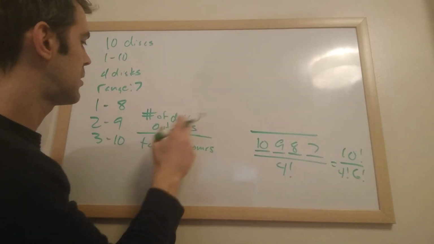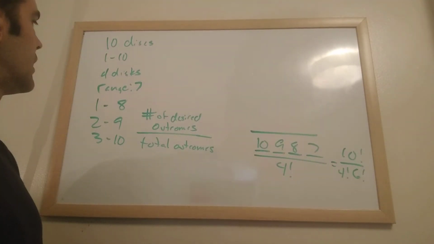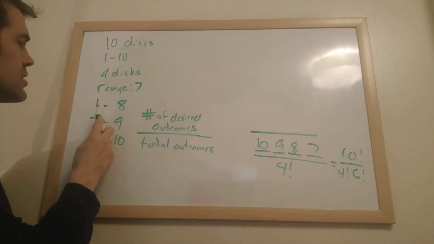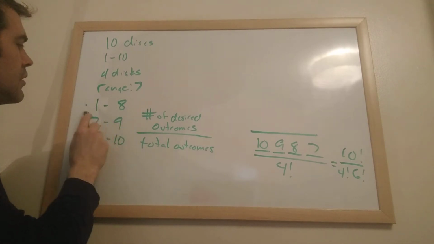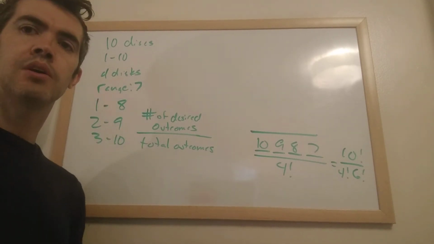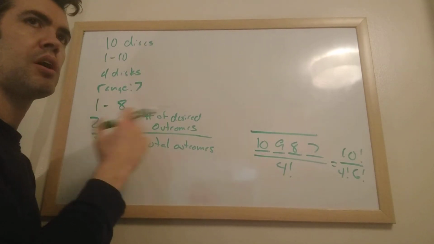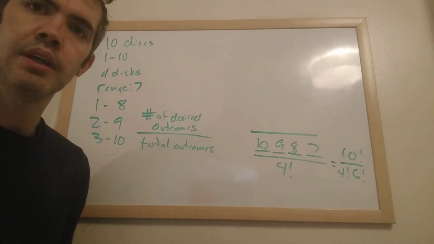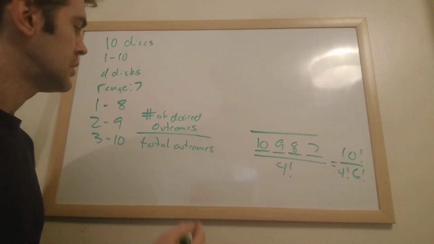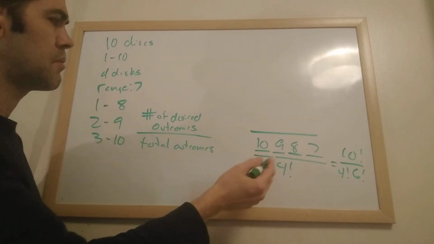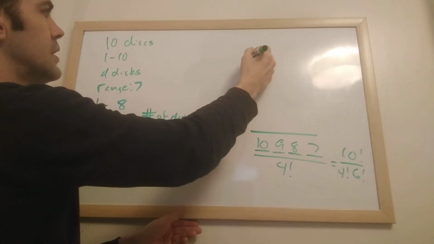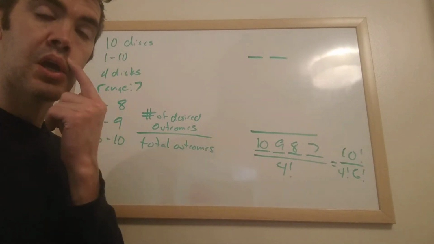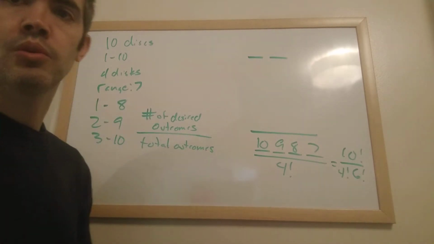Now, figuring out the number of desired outcomes, it's a little tougher, I think, but still not too bad. So let's do this. Imagine we assume that you got disk 1 and disk 8. What I'm going to do is figure out how many different combinations of disks we could get if you had disk 1 and disk 8. So that part is just assumed. So how many disks do we have left? 2, right? So we can do a separate problem, sort of like this one, and say, if you have 2 disks, how many different groups of 2 disks can you select, assuming that they're in between 1 and 8, which means, how many do I have?